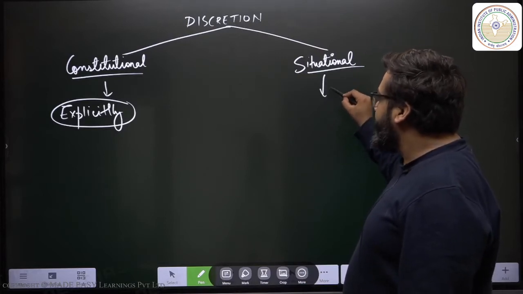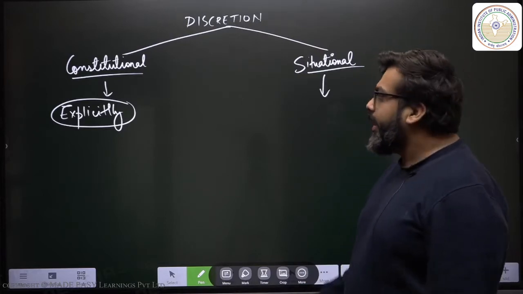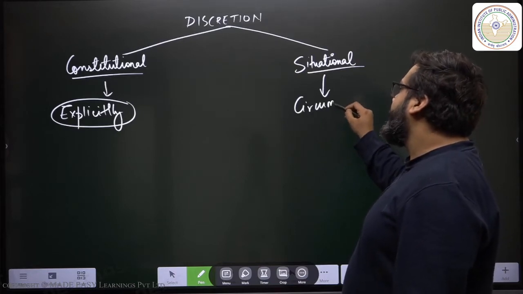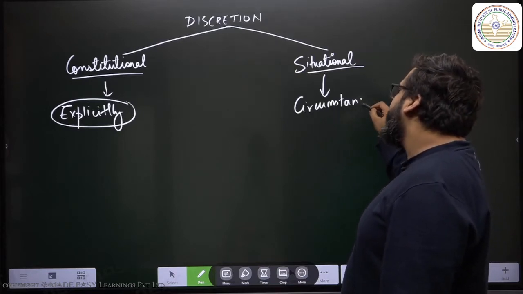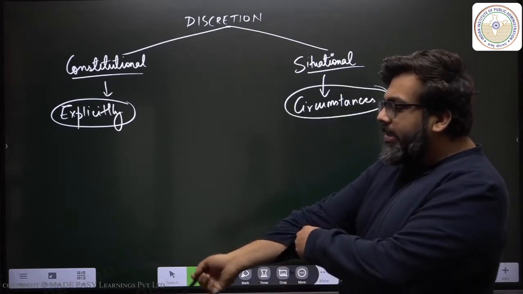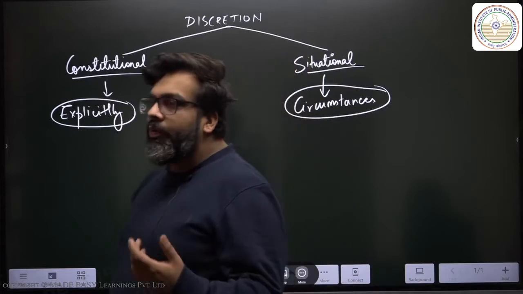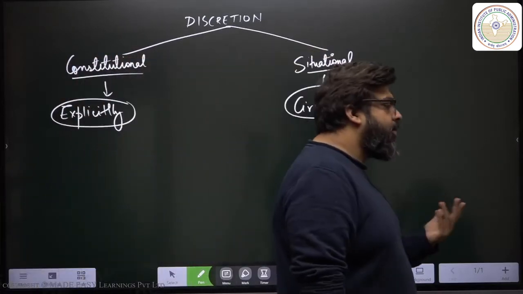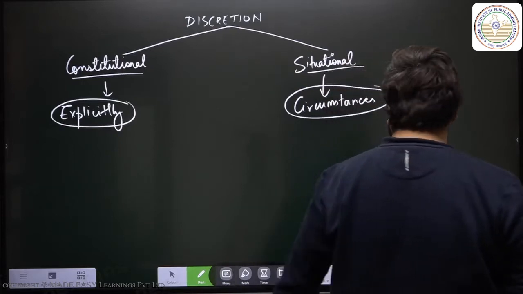Whereas situational discretion means that the circumstances are such that you do not have the council of ministers to really advise you, and therefore any decision that you have to take will automatically be a decision on your own and therefore be discretionary.